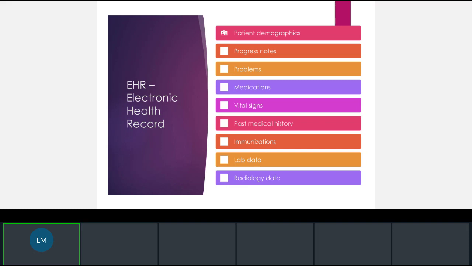Any progress notes that are made about the patient, any problems, any medications the patient might be on or has been prescribed or will be prescribed, their vital signs, their past medical history, typically their reason for coming to this point, maybe something in the past kind of relates to that. Any immunizations they currently have or maybe do not have might be valid. Any laboratory data and radiology data is also recorded in there.